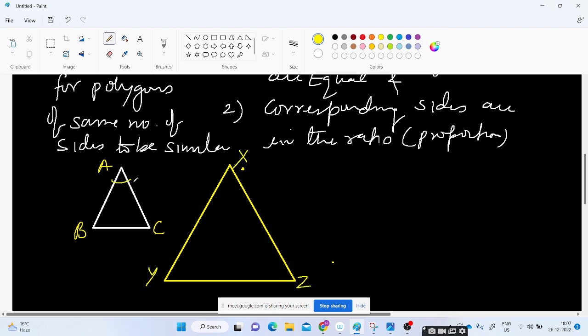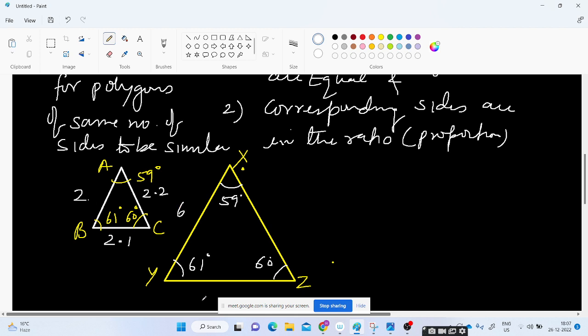So angle A is suppose 59 degrees, angle B is 61 degrees, and this angle is 60 degrees. The sides are 2, 2.1 and 2.2. In the other triangle, this angle is 59 degrees, this is 61 degrees, this is 60 degrees.